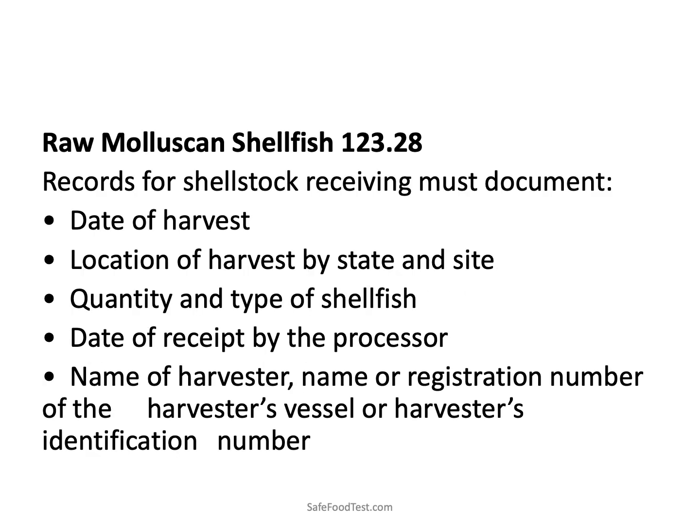Records for shell stock receiving must document date of harvest, location of harvest, state and site, quantity and type of shellfish, date of receipt by the processor, name of harvester, name or registration number of the harvest vessel or harvester's identification number.